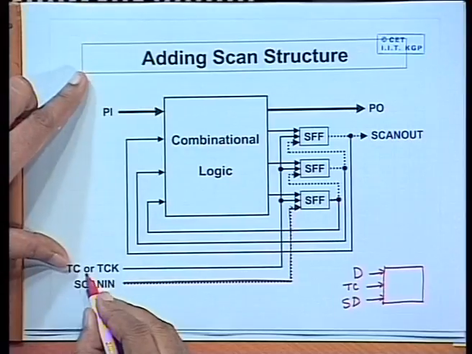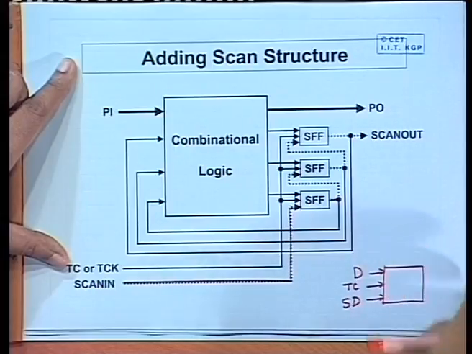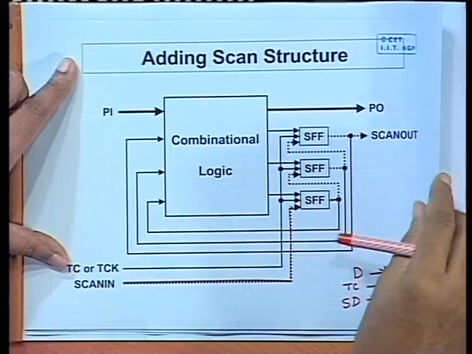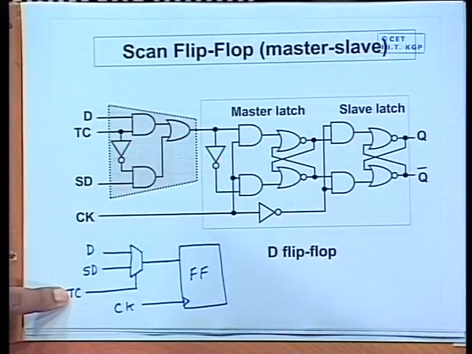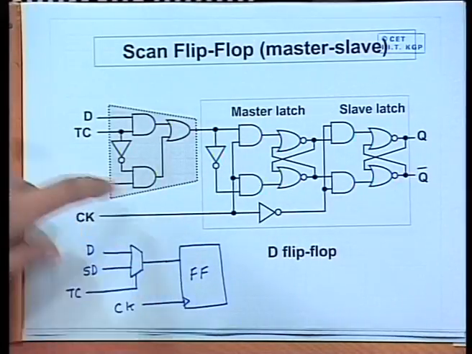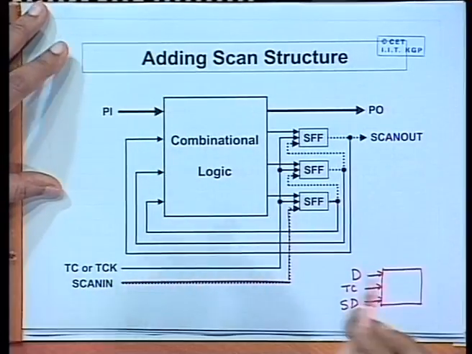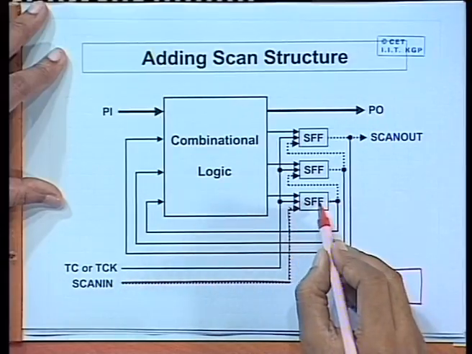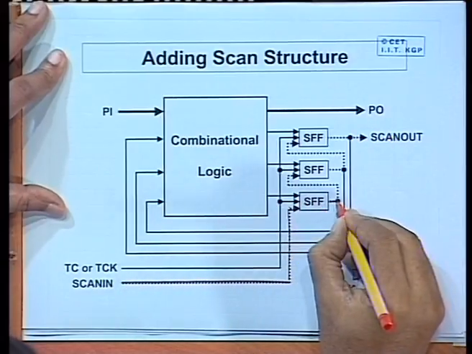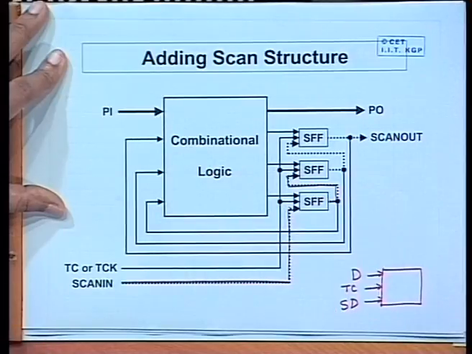Suppose test control is high. So, instead of D going in, the scan data will go in. Just look at the previous diagram. If TC is high, SD will go in. This SD input will go to the output, get latched, and the output of this is feeding the SD of the next flip flop.